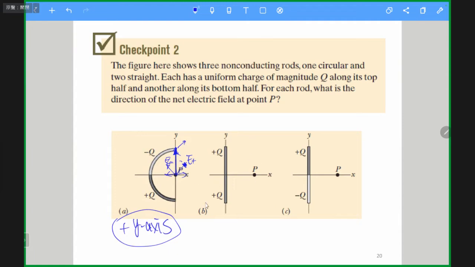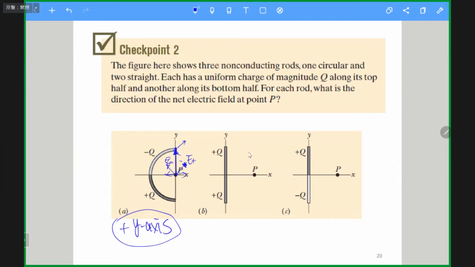And for the second one, who can answer this one? If you know the answer, you can type it in the chat room. Okay, positive x-axis. Positive x.